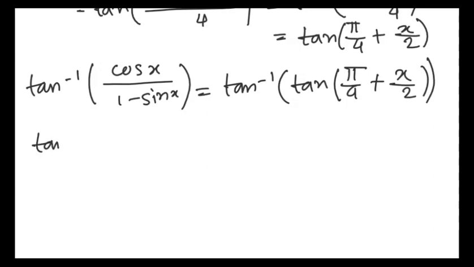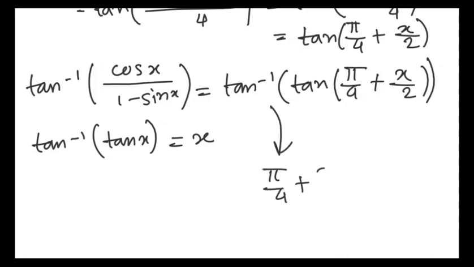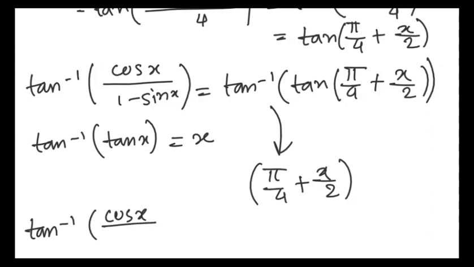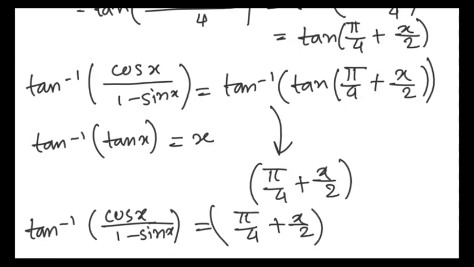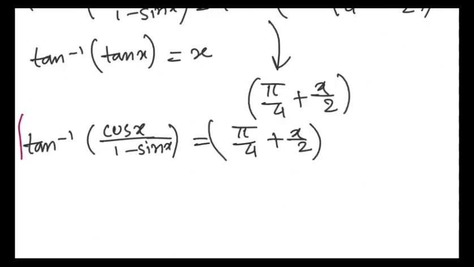Now we know that tan inverse tan of x is equal to x. That is a property we discussed. So our expression reduces to pi by 4 plus x by 2. Hence tan inverse of cos x divided by (1 minus sin x) is simplified as pi by 4 plus x by 2. So this is our required answer.